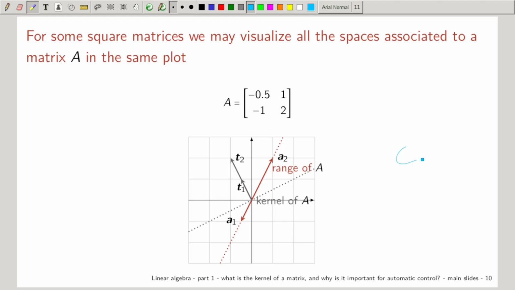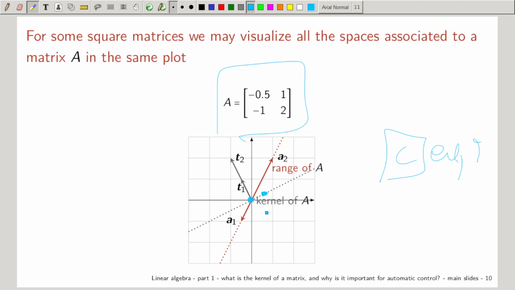Can we have convergence? For this matrix here, can we have that the origin is a convergent equilibrium? Let's see if you see it. What does it mean that it is a convergent equilibrium? It means that starting somewhere else, I go back.